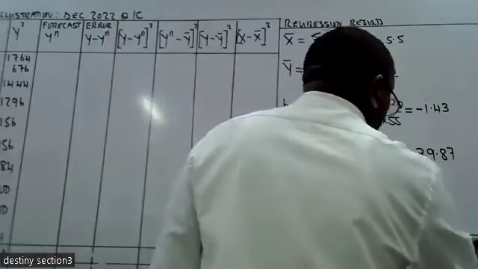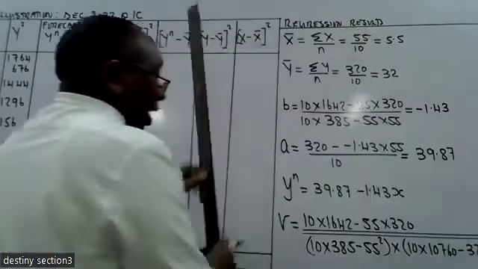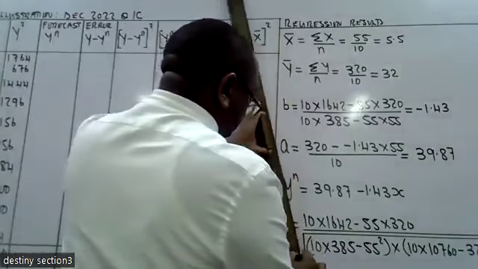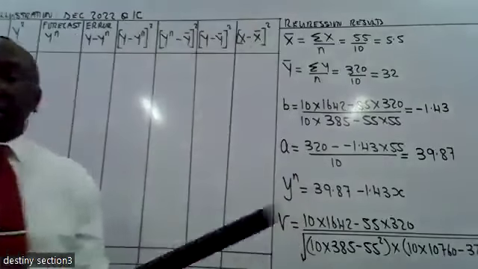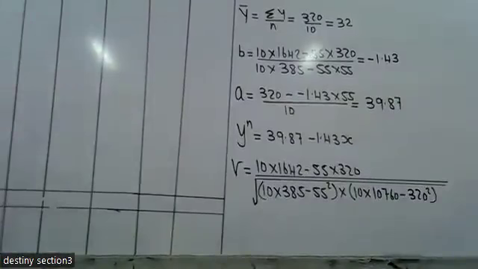Then I put it under the square root. So if I start down here, I will say 10 times 385 minus 55 squared, equals, times, open the brackets, 10 times 10,760 minus 320 squared, close the brackets, equals, get the square root of the answer.